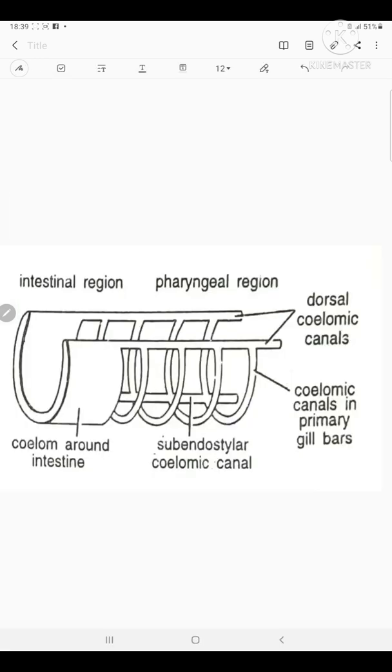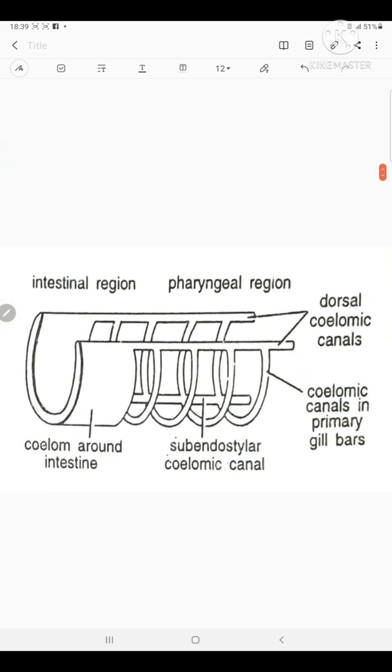Now we discuss the coelom. The body cavity in Branchiostoma is a true coelom lined with somatic and splanchnic layers of mesoderm and filled with a lymph-like coelomic fluid. It is enterocoelic in origin. Coelom is a spacious cavity around the intestine.